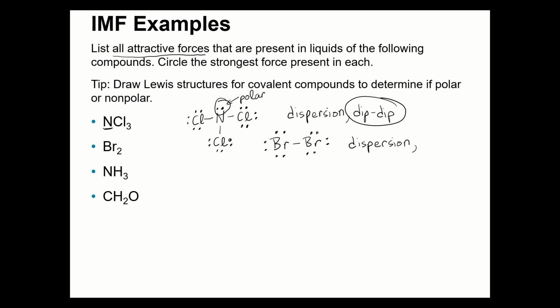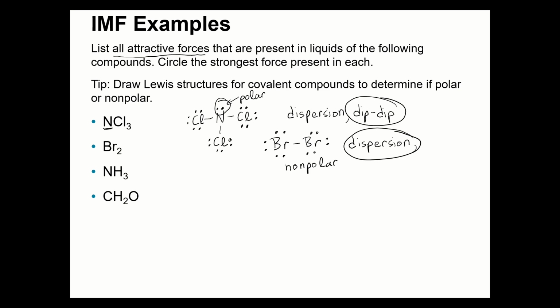So the lone pairs are not enough here. Lone pairs on a central atom will indicate that something is typically polar, but because we only have 2 atoms, there is no central atom, and so those are pulling evenly on either side of that bond. And so this is what we would call nonpolar. It's not going to have dipole-dipole or hydrogen bonding, and so the strongest force is going to be dispersion.